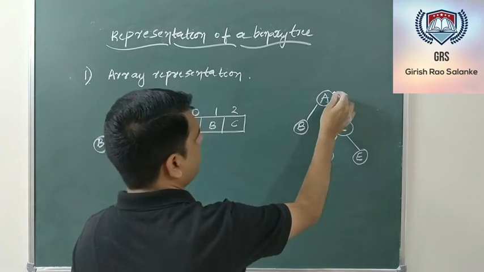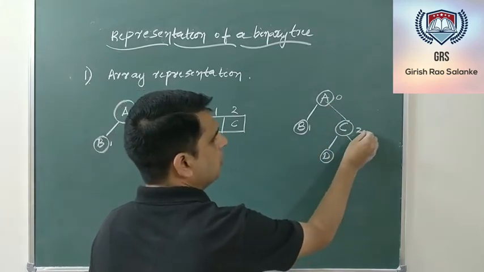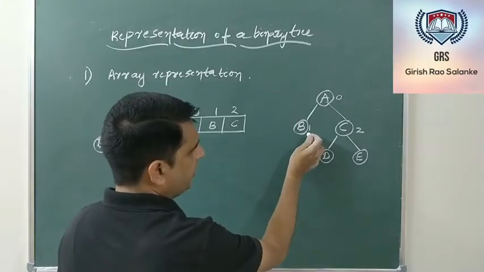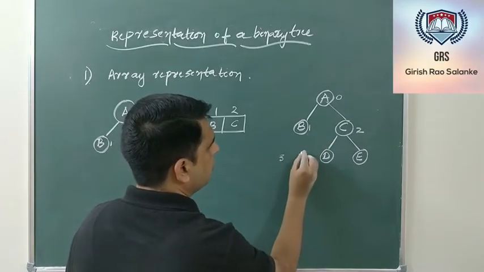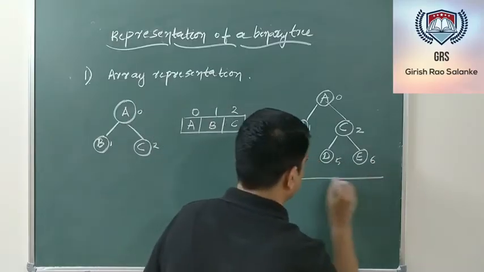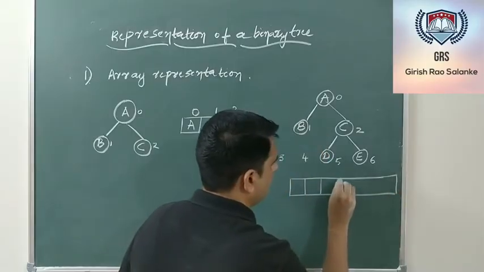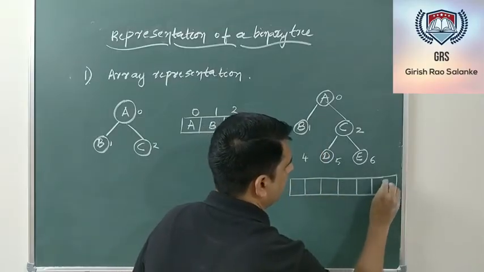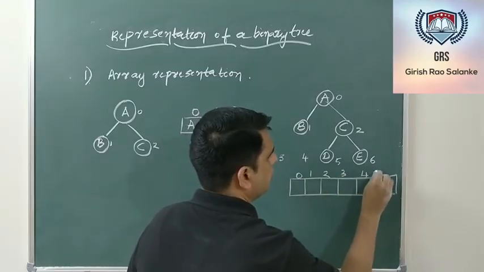I know that the property of a binary tree is that it can have 2 children, so 1 and 2. Now this node B can have 2 children. In this case it is not there. So 3, 4, and this is 5 and 6. Now if this has to be stored in an array, the indices are 0, 1, 2, 3, 4, 5, 6.